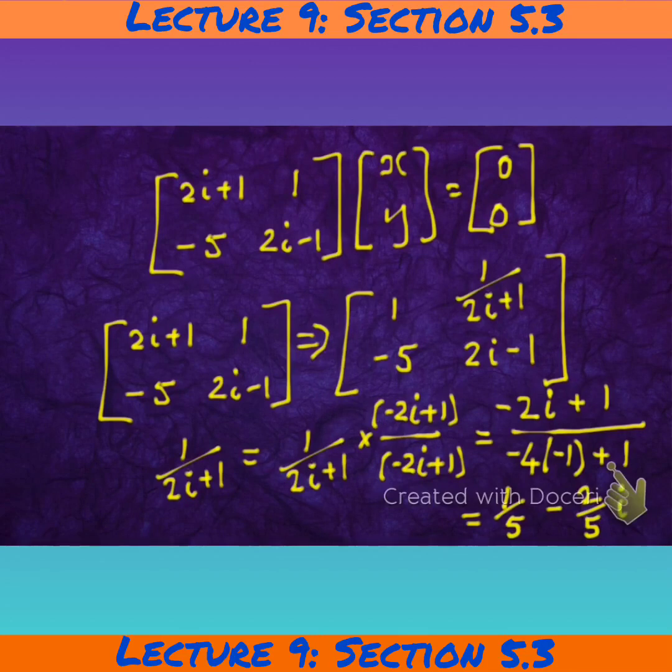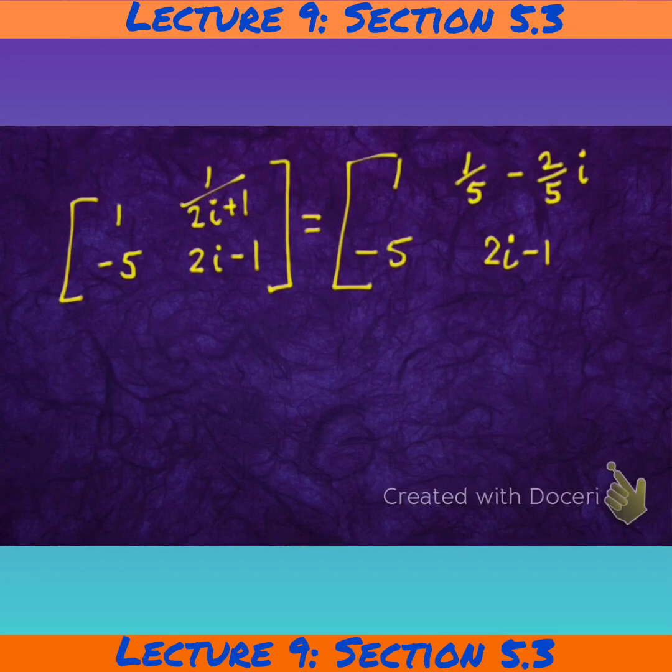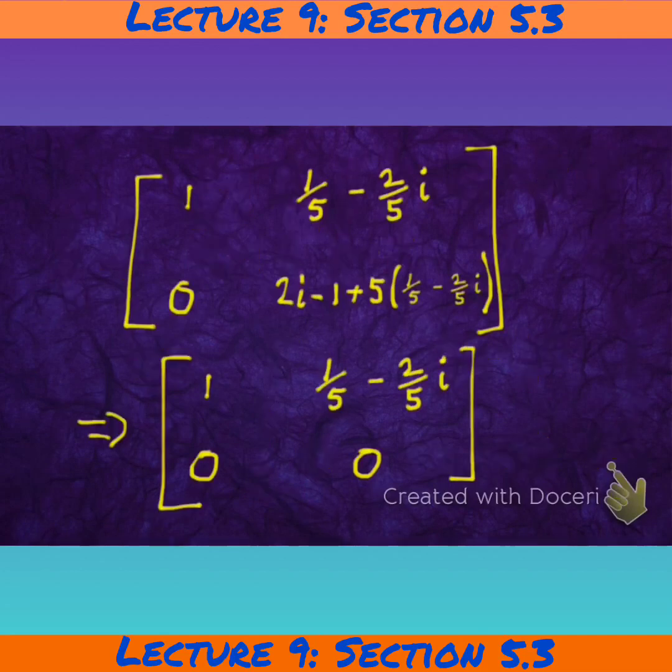So my matrix now becomes this. Our aim now is to make that 0, and we do that by adding 5 times the first row to the second row. So we take our entry there, and our matrix reduces to that.